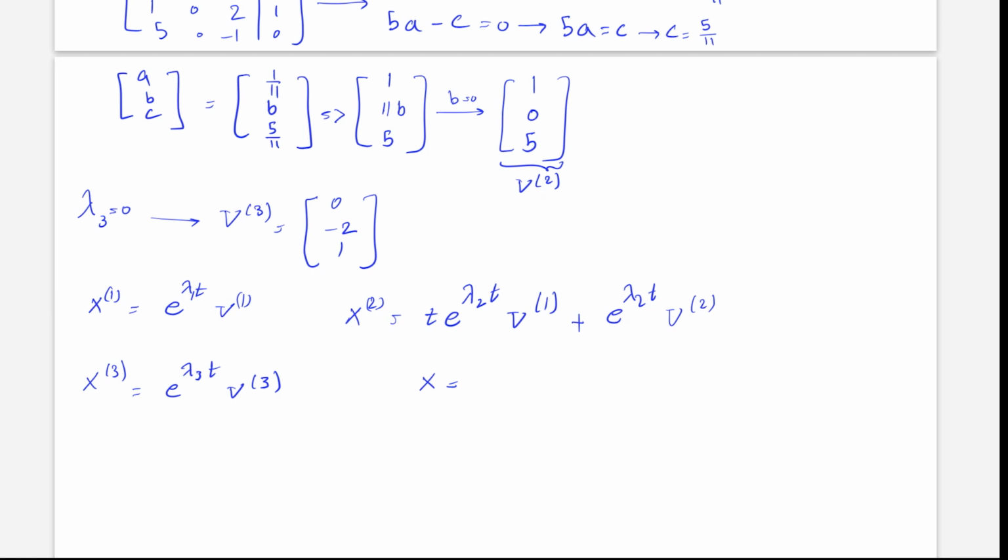Then it will be t squared over 2 factorial e to the lambda t v1 plus t to the 1 over 1 factorial e to the lambda t v2 plus e to the lambda t v3. Okay, if we had 4, then these coefficients, as you can see, are in this form.